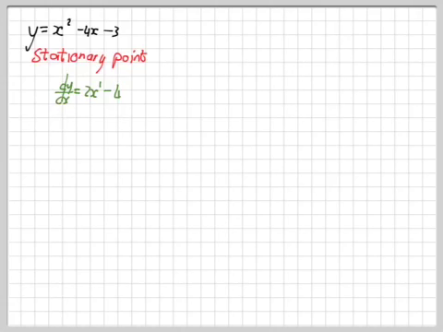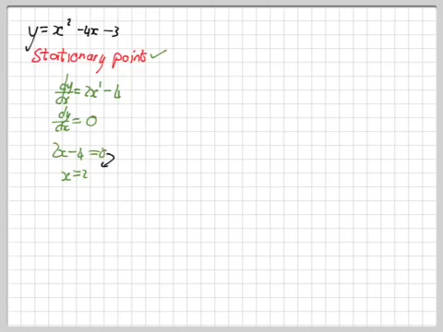And for it to be a stationary point, we have to take the derivative and make it equal to naught. So if we take the 2x minus 4 and put it equal to 0, then x must be 2 if I solve for x.